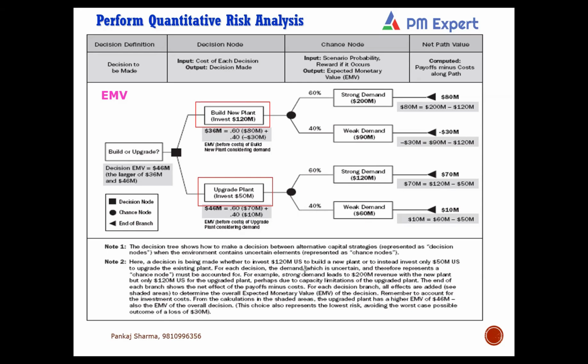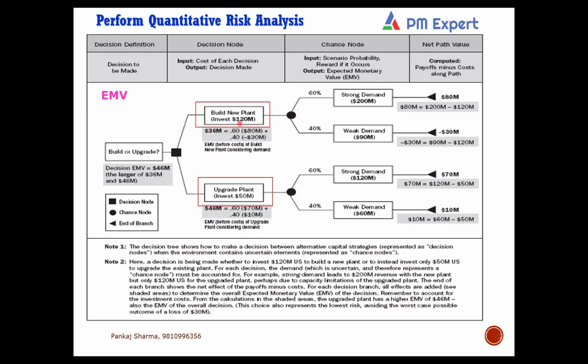Now, I have to take a decision. Should my response be building a new plant or upgrading the plant? What should be my response? So can I assess the options, guys? Yes. Now, let's analyze building a new plant first of all.